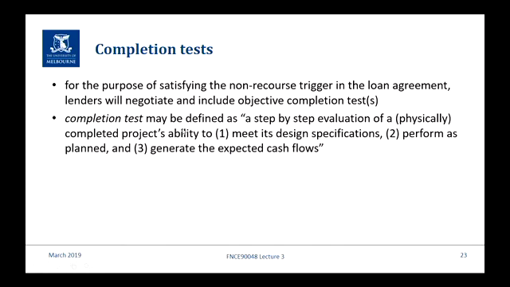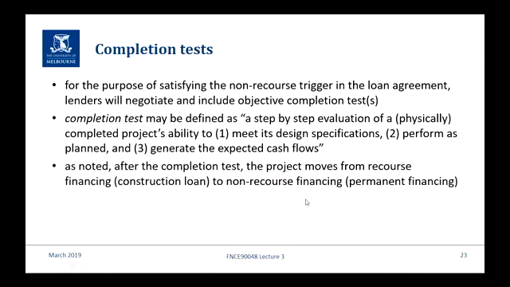A completion test is a step-by-step evaluation of a completed project's ability to, 1, meet design specifications, which lines up with physical completion, 2, perform as planned, which lines up with mechanical completion on the previous slide, and 3, generate the expected cash flows, which lines up with financial completion.